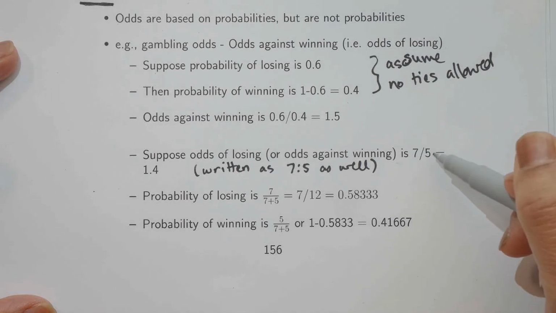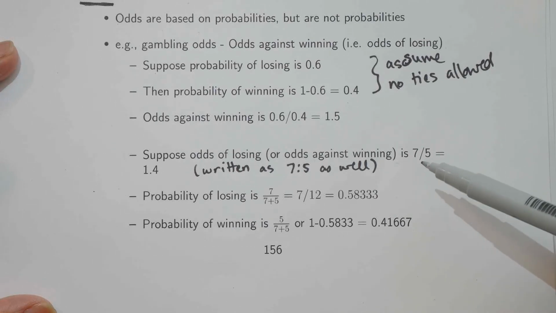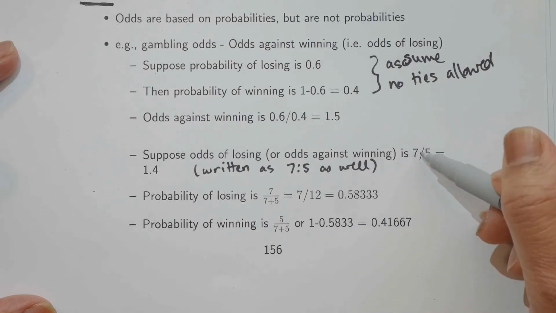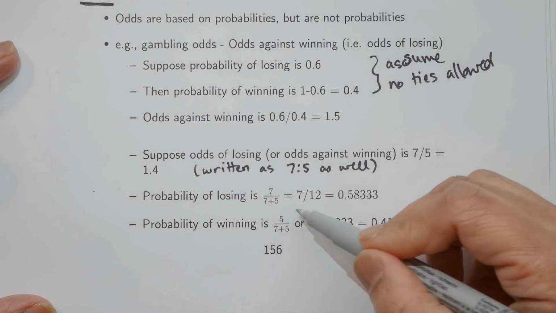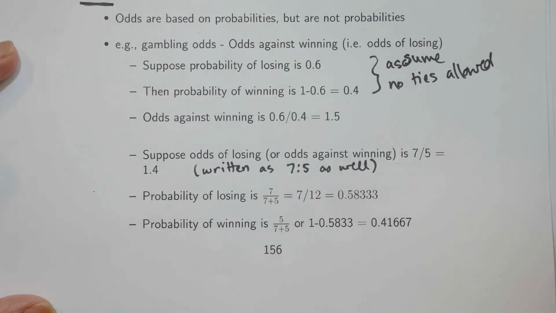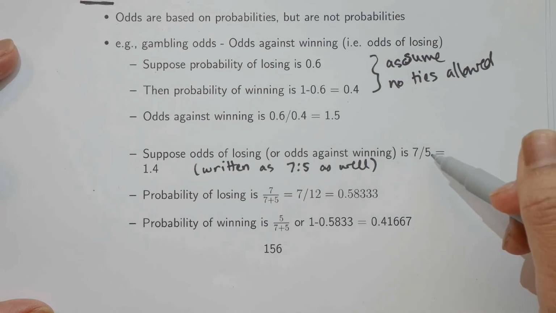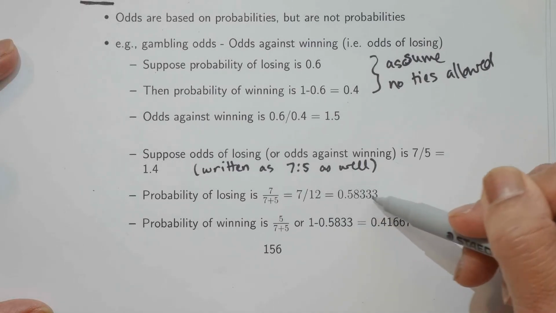Okay, if we know that the odds is 7 to 5, then that is telling us the probability, because this is the odds of losing, the probability of losing is just 7, our numerator, divided by 7 plus 5, or 7 over 12, which gives us a probability of losing of 0.58333, etc. The probability of winning, on the other hand, would be 5 divided by 7 plus 5, or we could think of it as 1 minus 0.58333.